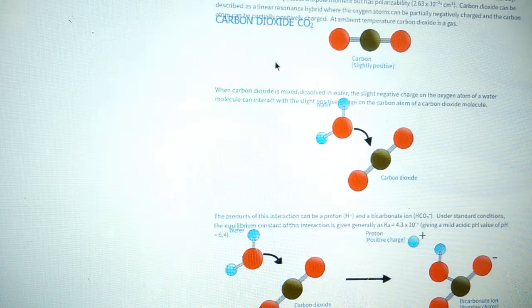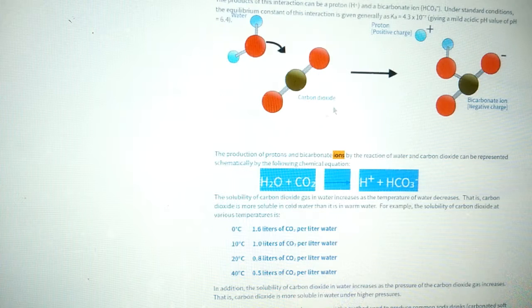Here's the chemical reaction. Carbon dioxide, CO2. When carbon dioxide is mixed or dissolved in water, the oxygen and water molecule can interact and acquire a slightly positive charge. Here it is: CO2 and H2O.